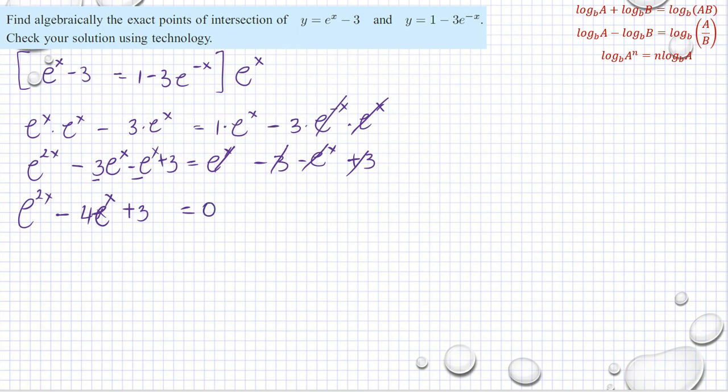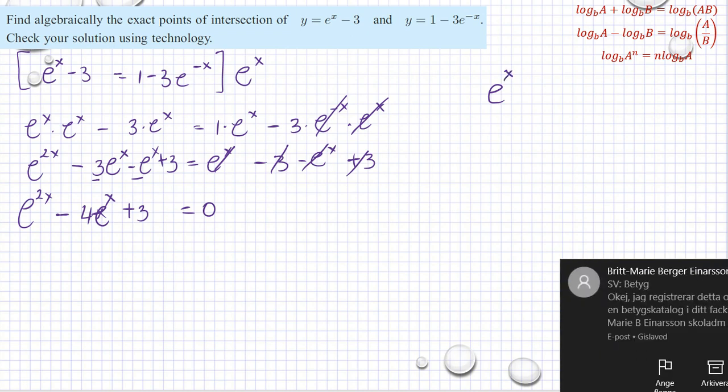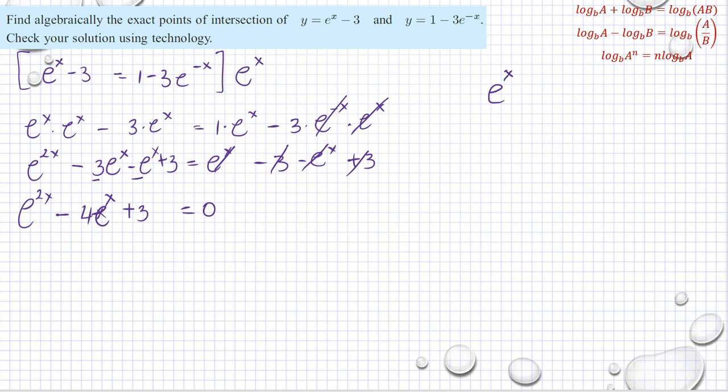It's easy to see if you assign e raised to x as a, for example. So we have a raised to 2 subtracted by 4a added by 3 is equal to 0.